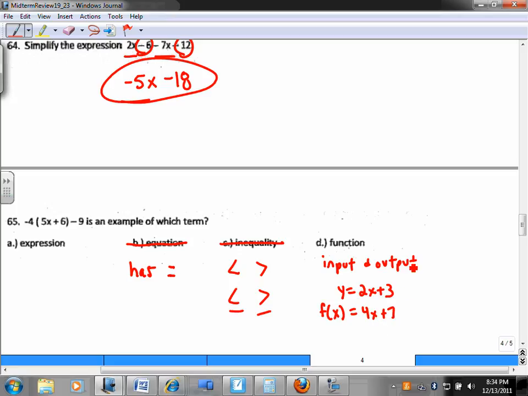We must have an input and an output. We don't have an input and output. We just have an input. So it's not a function. And that leaves expression. And we know that an expression can be simplified. We can't solve it because we don't have an equal sign. We can only simplify it. This is an expression. 65 is an expression.